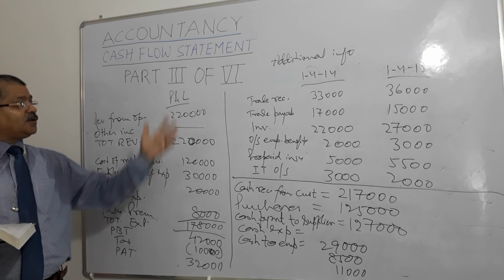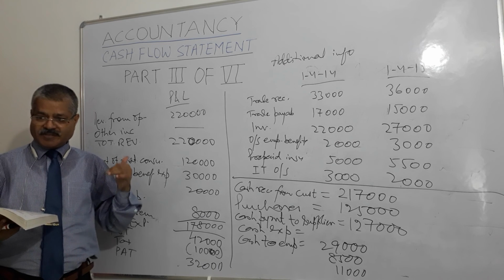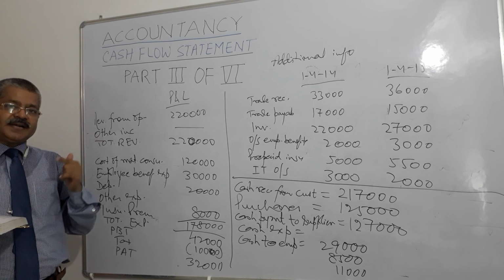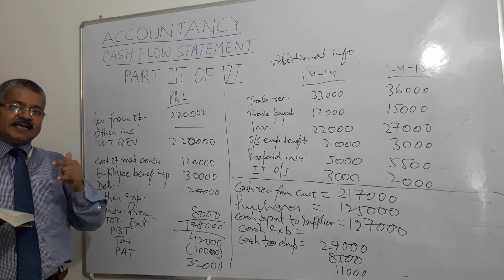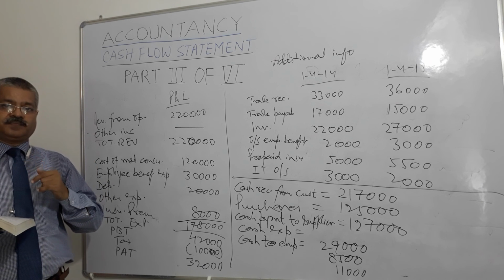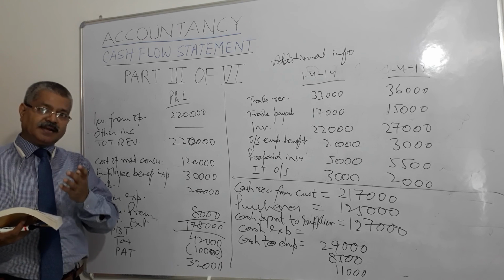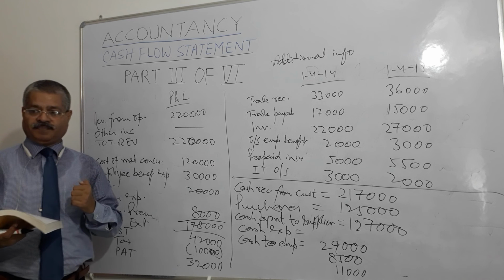That is why we are doing all these adjustments: expenses on accrual basis minus prepaid expenses at the beginning and outstanding expenses at the end plus prepaid expenses at the end and outstanding expenses at the beginning.